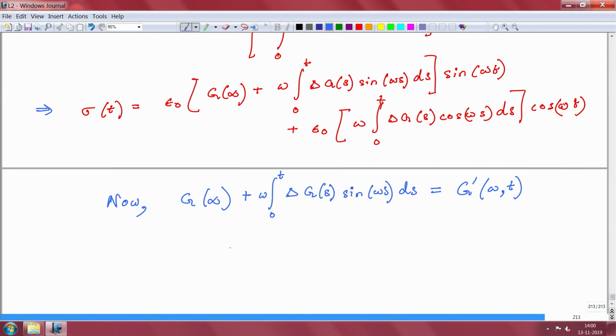Similarly, for the other quantity we can say that let us use these symbols. Let us say that this quantity when evaluated leads to another function we will call g double dash, and this is again a function of omega and time, right.